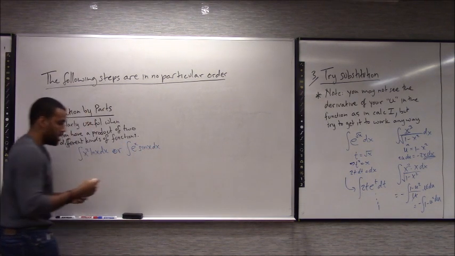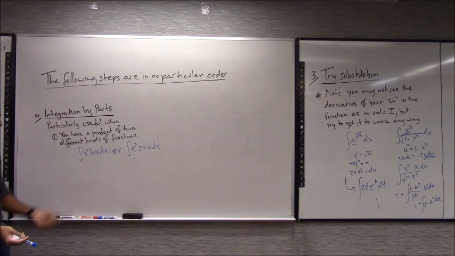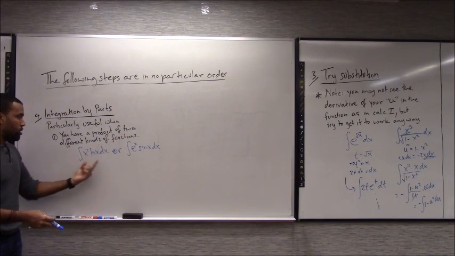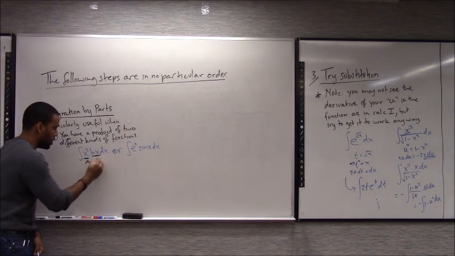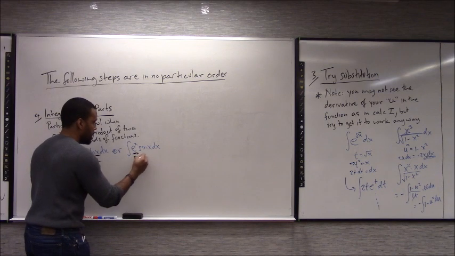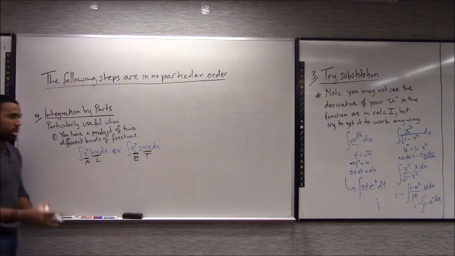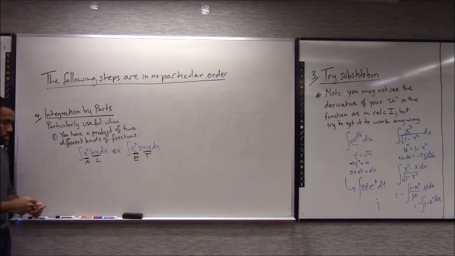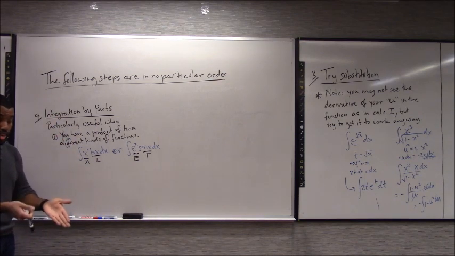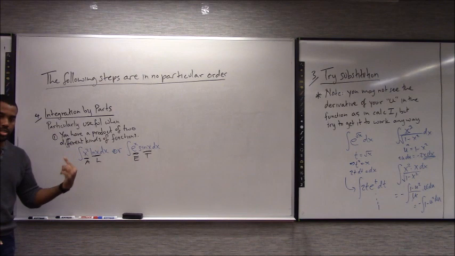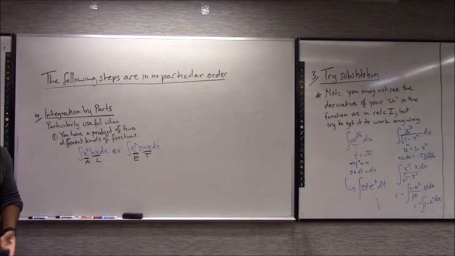You have two very different kinds of functions such that a substitution isn't going to help you get out of it. So you have like an A and an L, or you have like an E and a T, right? In which you can apply LIATE, right? So substitution is not going to work. What are my options? Well, if the thing you're looking at has two different kinds of functions, integration by parts is probably a good idea, right?